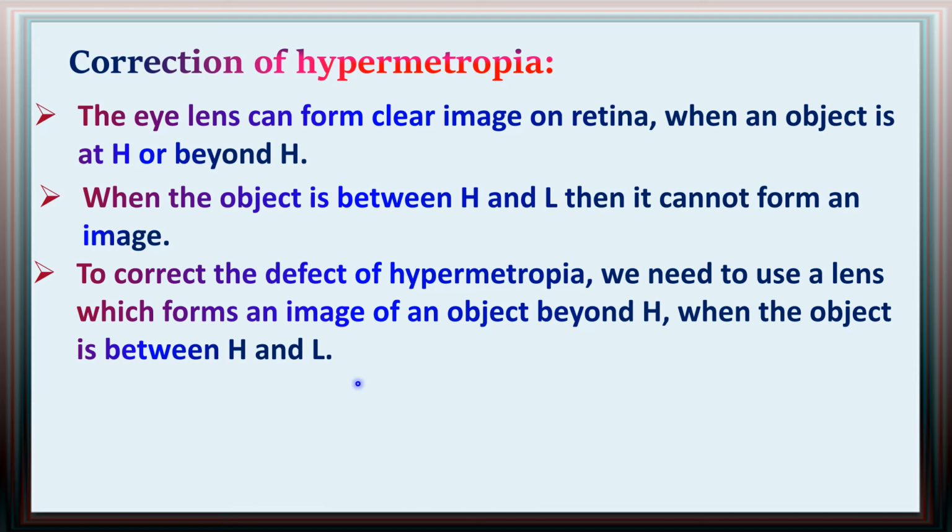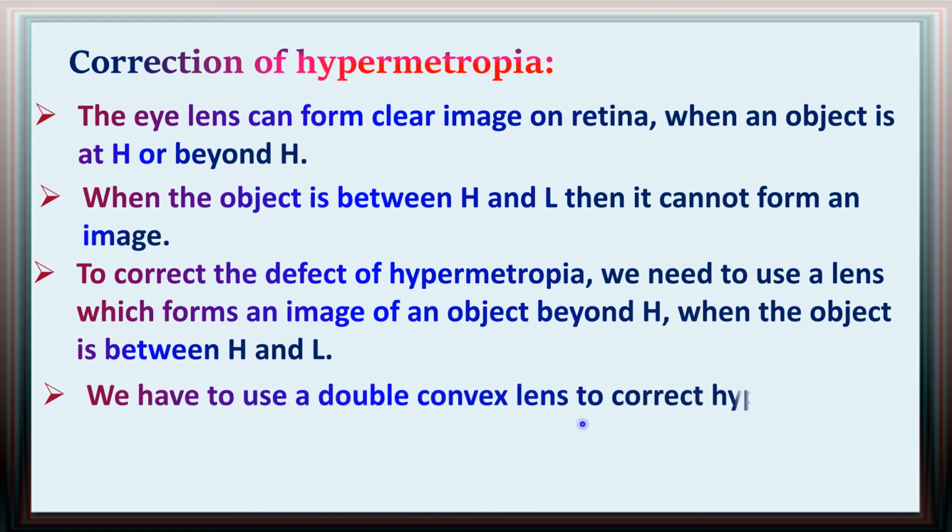Then the images formed by that lens will act as the object for the eye lens, and the eye lens will form the final image on the retina. Okay, so we have to use a double convex lens to correct hypermetropia.